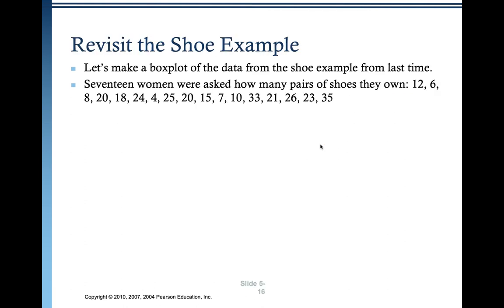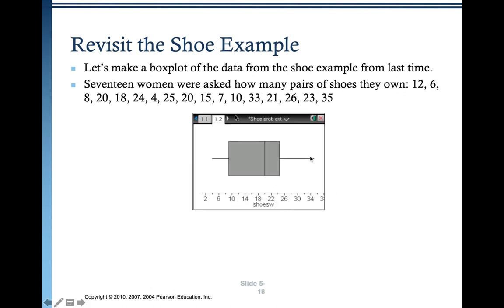So we are going to revisit the shoe example, but we're going to look at not just the distribution of the women, we're going to add distribution of shoes owned by men. So here we have a box plot of our distribution of shoes owned by women. So you can see that the median here is somewhere around 20, 21.